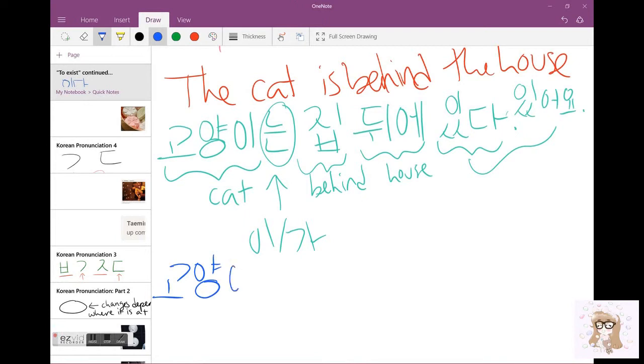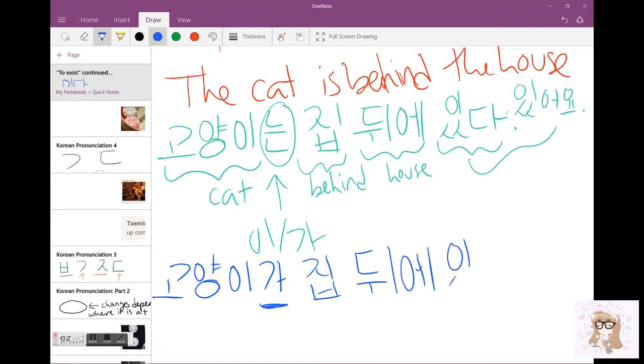You could write it 이가 집 뒤에 있어요. Both of these sentences mean the same thing. The only thing that changed was 는 to 가.